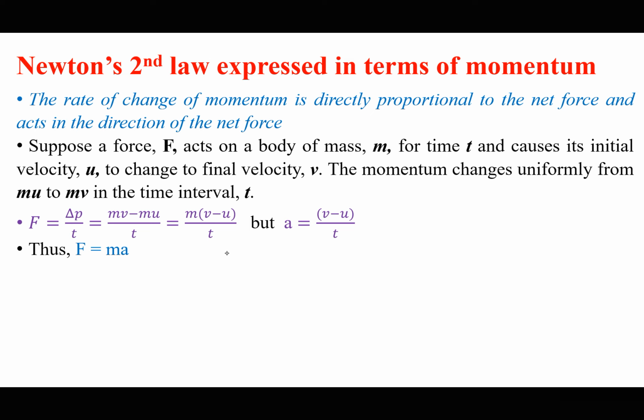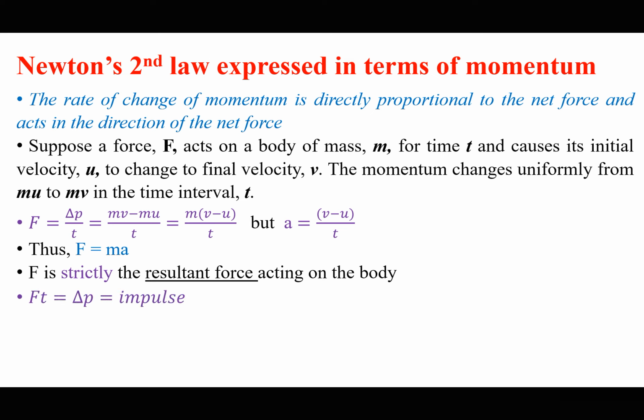And I said every time you use F equals ma, just note that F is strictly the resultant force acting on the body, or the net force acting on the body. But then if you multiply by t on both sides of this equation, if force equals the rate of change of momentum, you have that F times t is equal to the change in momentum.